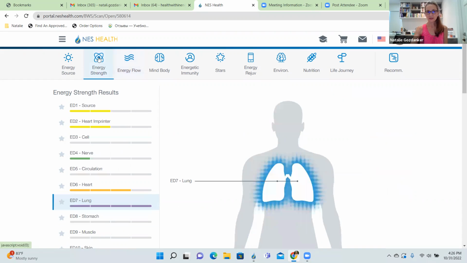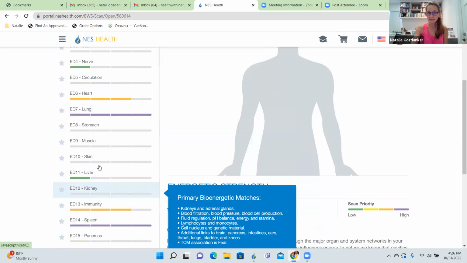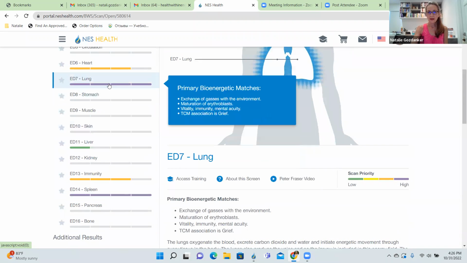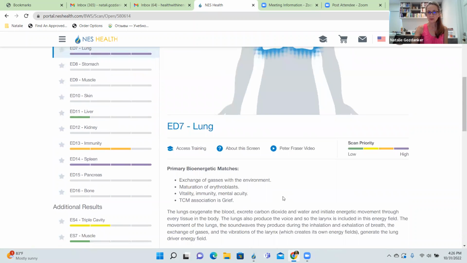Then we will look at the energy strength to see that the organs get enough energy, and if they don't, again, a lot of recommendations will be given depending on what shows up as a priority. For example, in that case, lung showed up as a priority, so we will look at the breathing of the person, whether it's optimized. Then we will look at maturation of erythroblasts, because that's what happens in the area of the lungs.